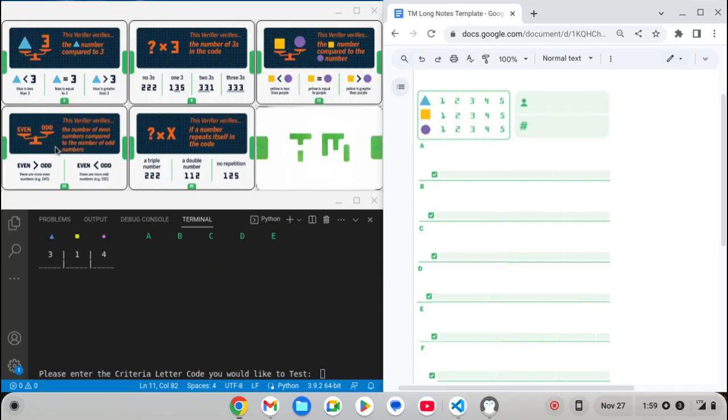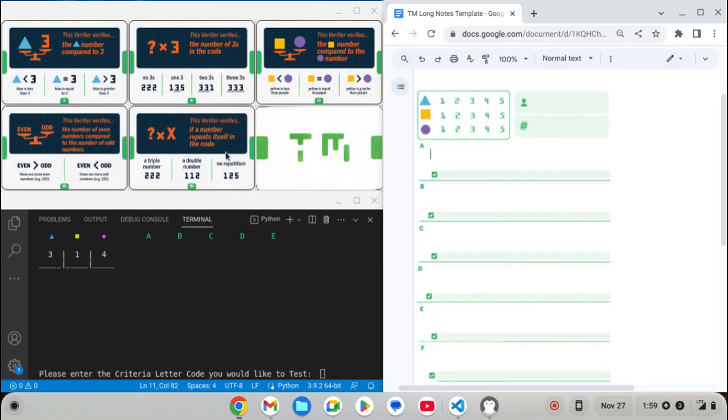Criteria card D again takes a look at our 3-digit solution, but this time it'll let us know a little bit about the ratio of even to odds. Should there be more even than odds, or should there be less even than odds? And finally, criteria card E again takes a look at our 3-digit solution, except this time it'll let us know a little bit about its structure, so to speak.